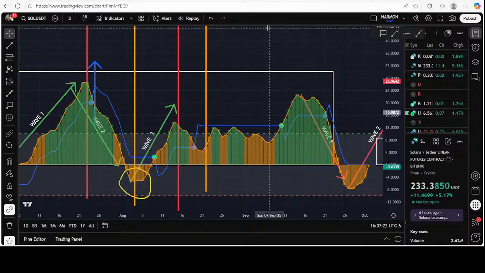We are at a 60x long here. So that's what we were calling out at 231, 232, right? 232.50. We're in a long position here. Okay, now we're going to get to that trade in a second.